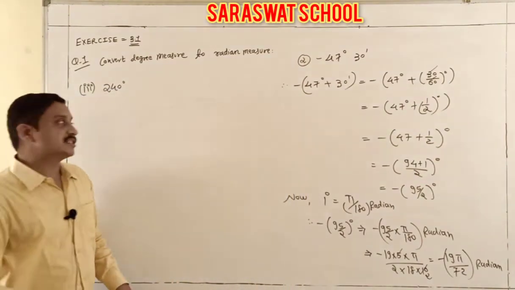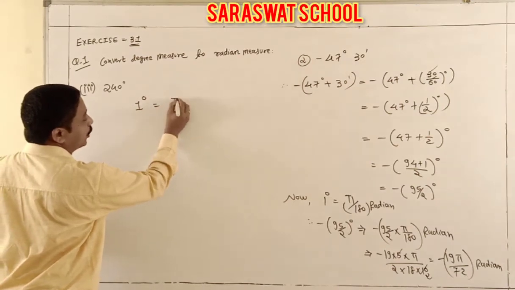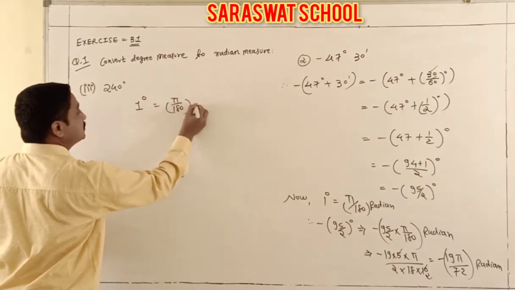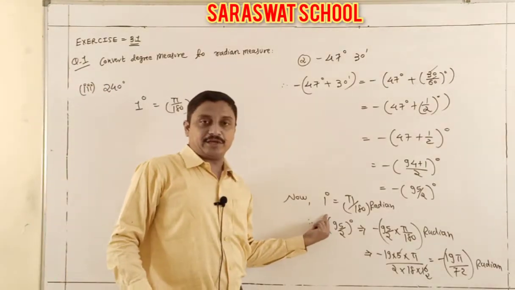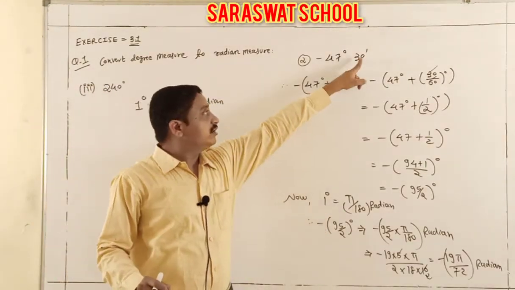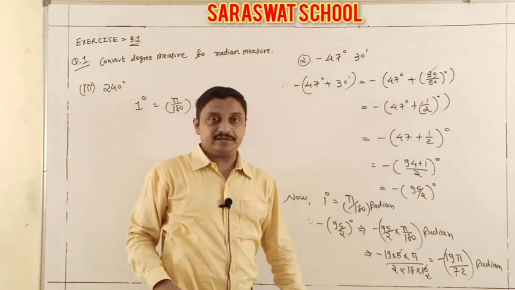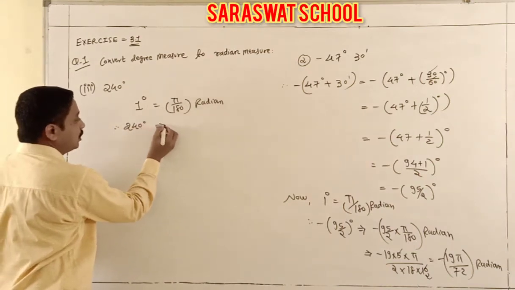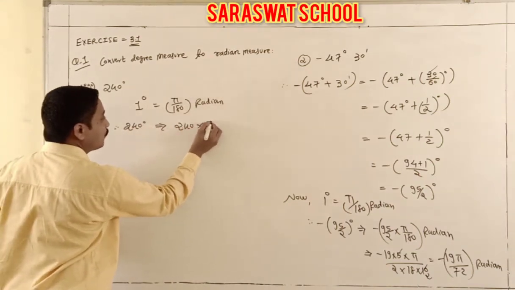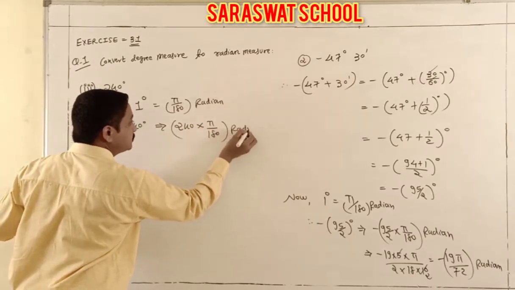So students, generally the same formula applies here. 1 degree is equal to pi by 180 radian. Only one application I am applying. But whenever you are given minutes and seconds, you translate up to degree. Then, already given degree, so I just write down 240 degree is equal to 240 into pi by 180 radian.